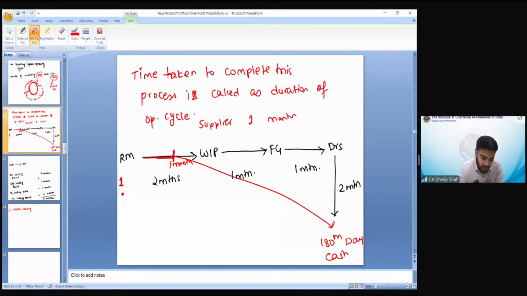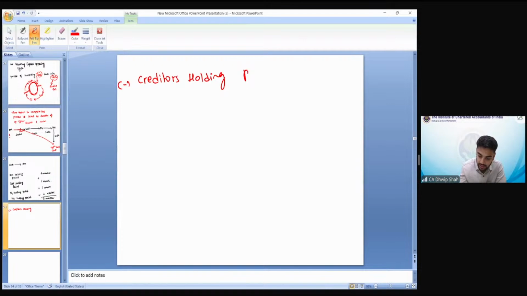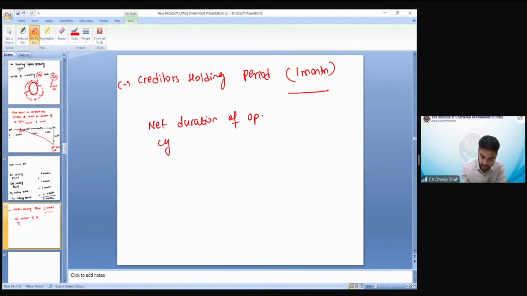So I have to subtract creditors holding period, which is of 1 month. So my net duration of operating cycle period is 5 months only. I hope everyone followed.